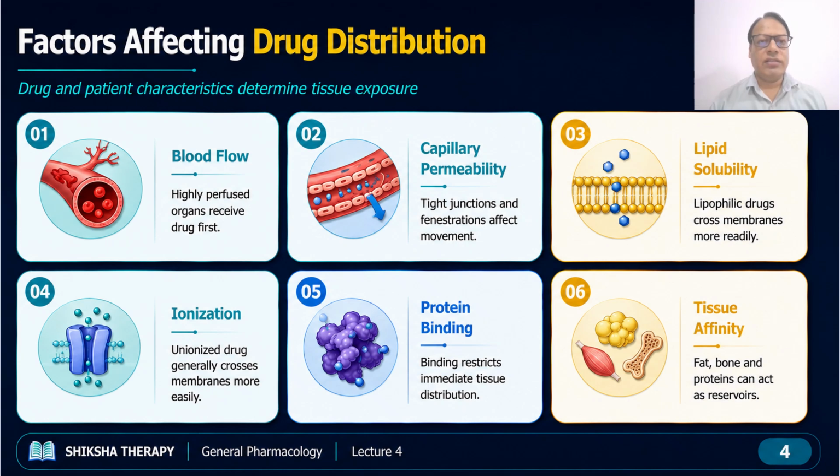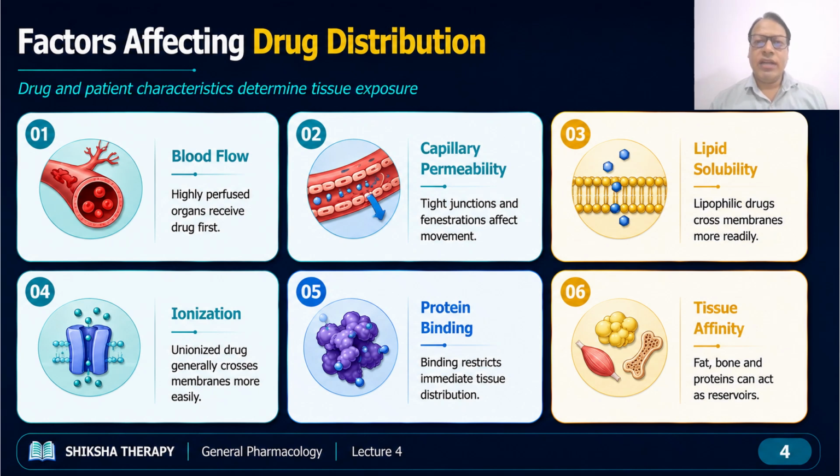Factors affecting drug distribution. So, several factors are there. First is blood flow. Highly perfused organs receive the drug more rapidly. Second is capillary permeability. Different capillary structures allow different degrees of drug movement. Third is ionization. Generally, the unionized form of a drug crosses biological membrane more easily. Another important factor is plasma protein binding.